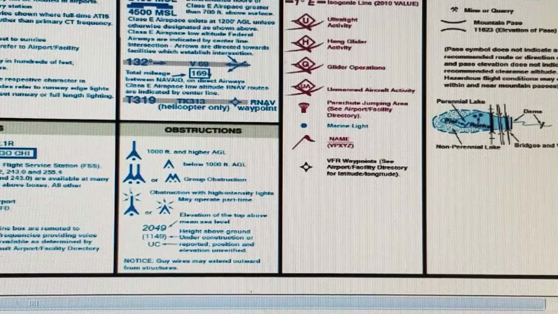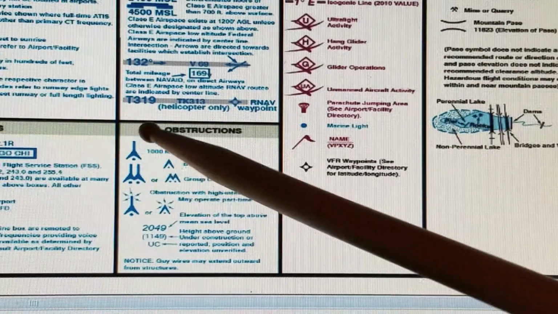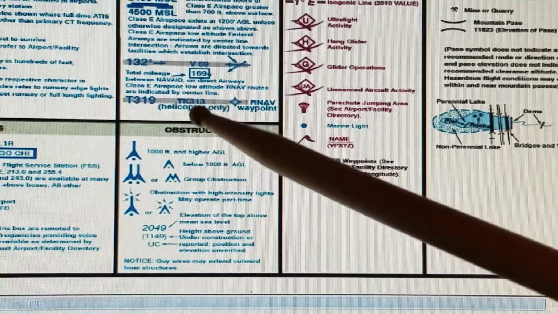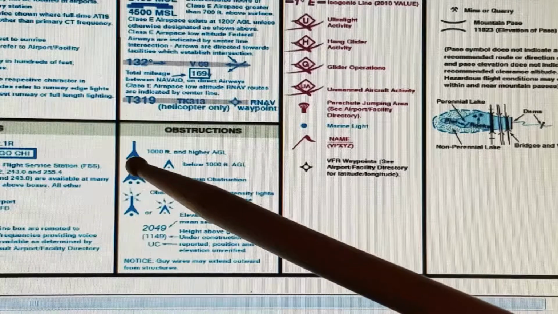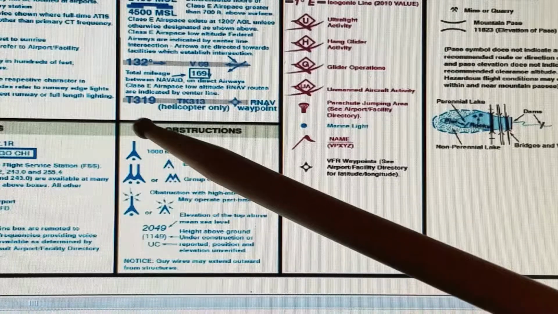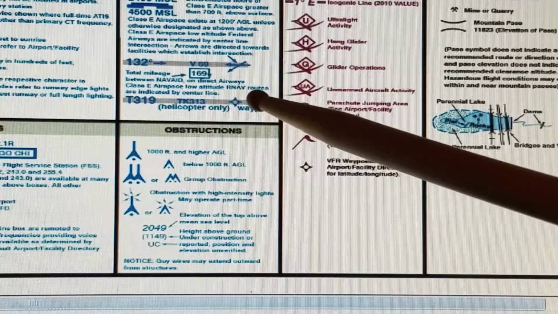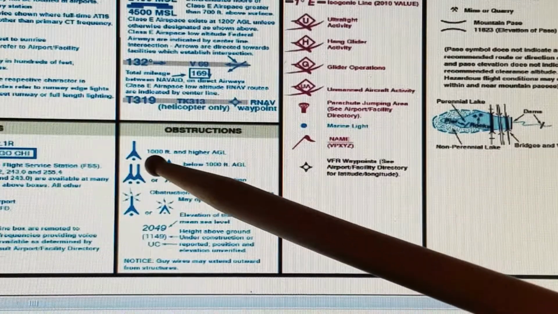And then I would like to get your attention on these obstructions. You have this inverted Y and multiple inverted Ys. An obstruction with a height more than 1,000 feet is marked with the inverted Y, and if it is multiple, it doubles out over here.